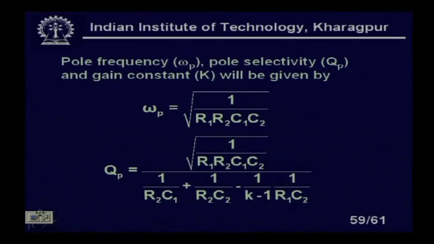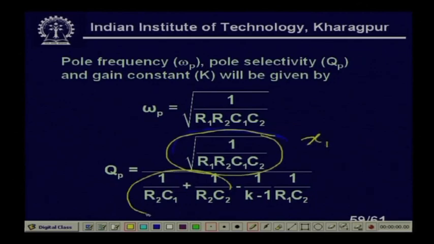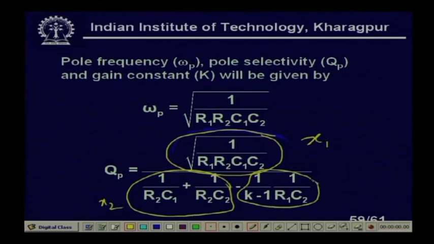So, I can write this one as x1, this as x2 and this as x3. So, Q is x1 upon x2 minus x3, is it not.